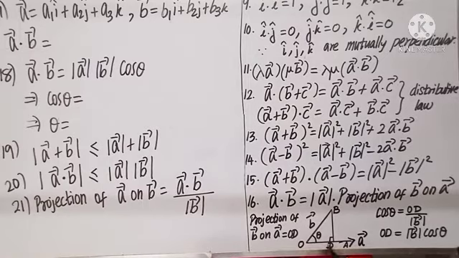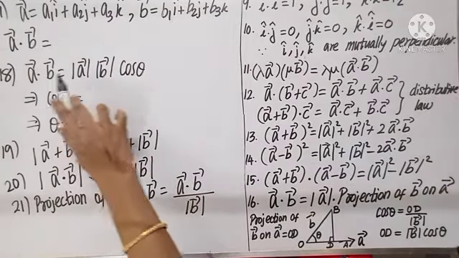In this right angle triangle, what is cos theta? It is adjacent OD by hypotenuse B. When I write the ratio, I must write the length of the vector, that is modulus of B. Cross multiplying, OD, the length, that is the projection, is nothing but mod B cos theta. What is the formula we know?